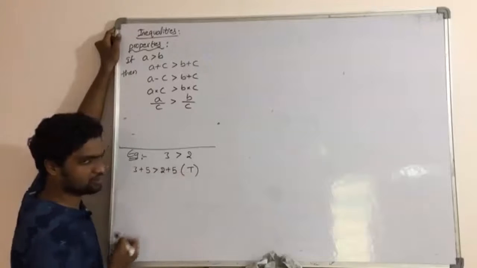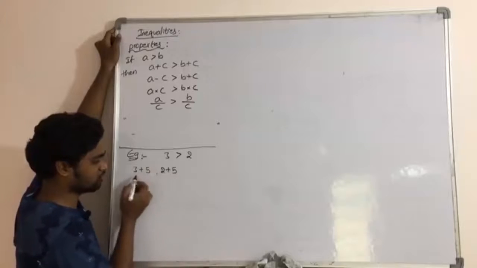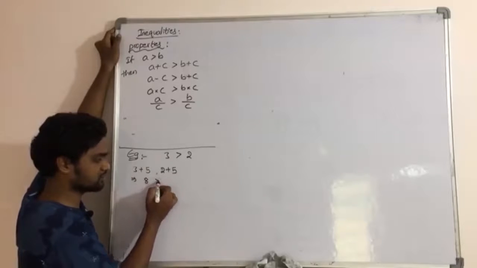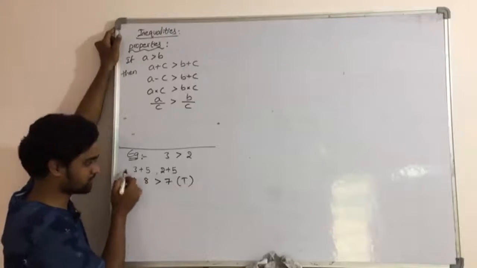I'm adding 5 on both sides. 3 plus 5, 2 plus 5. 8 greater than 7. True.